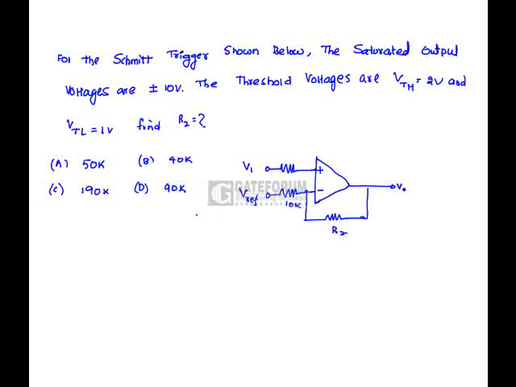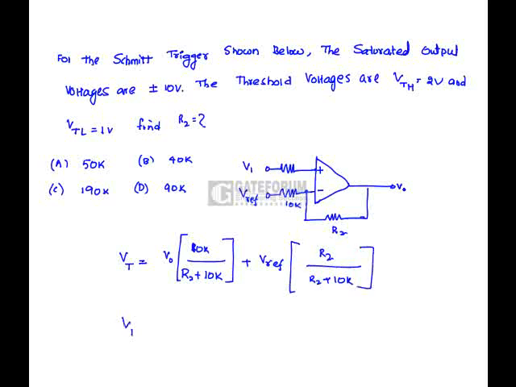In order to decide that, we have to write the generalized equation for the threshold voltage. Vt is equal to V0 times 10k divided by R2 plus 10k, plus V reference times R2 divided by R2 plus 10k.